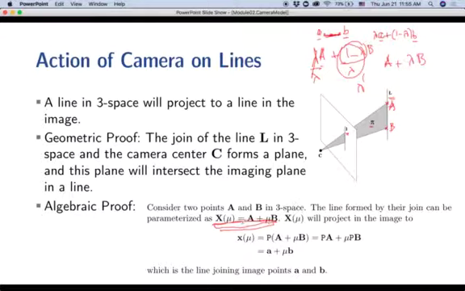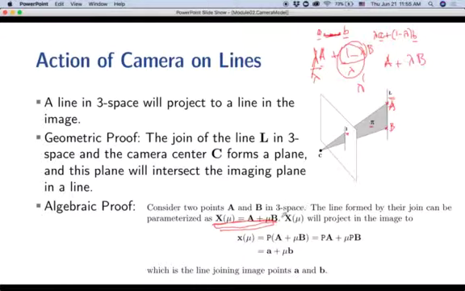Which is what I'm doing here, A plus mu B. So if I'm given 2 points A and B, I can write the line as X(mu) equals A plus mu B. I plug in different values of mu and I'll get different X's which are all along the line. So now I know how to represent that line in 3 space. I can take its image.